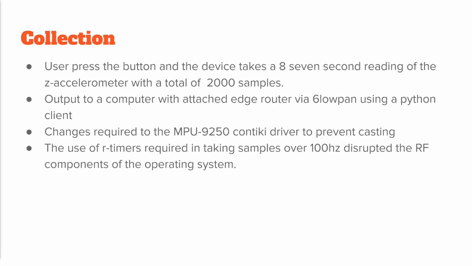So we altered the code and built our own version of Contiki with a slightly different driver. Other challenges we faced is because we needed to make samples of 250 per second. This excluded the use of C and E timers, as they only allow at most 100 samples per second.